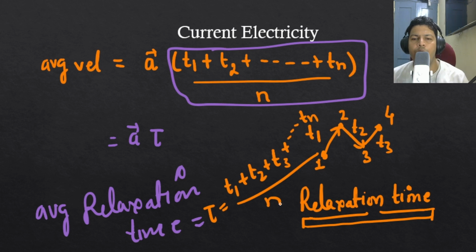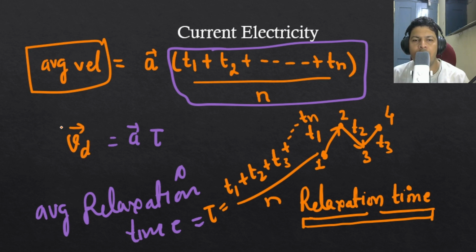This is how you can find the average relaxation time as well. This is the average velocity, and as we know, this average velocity will be the drift velocity. We can write it as Vd.